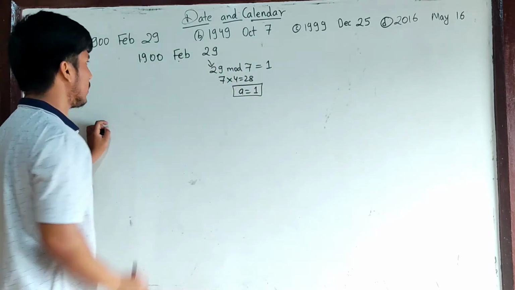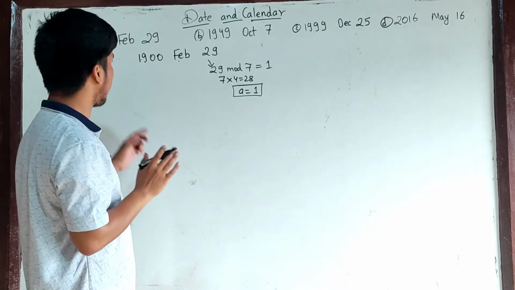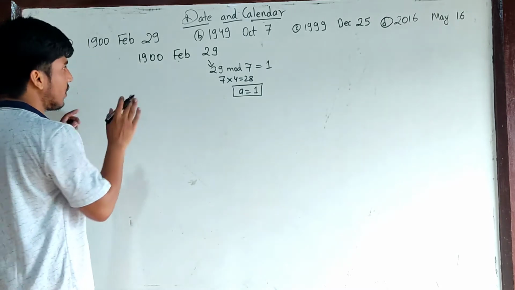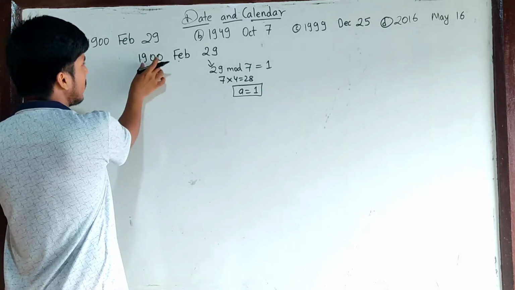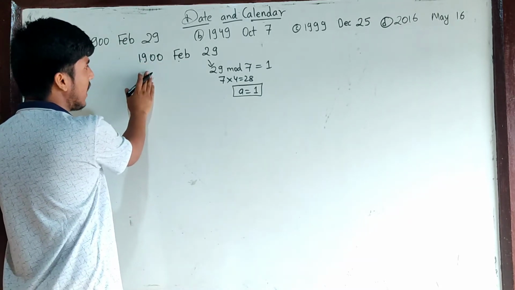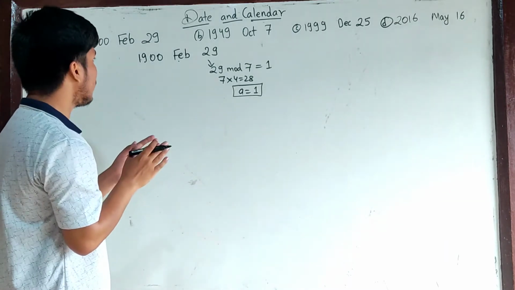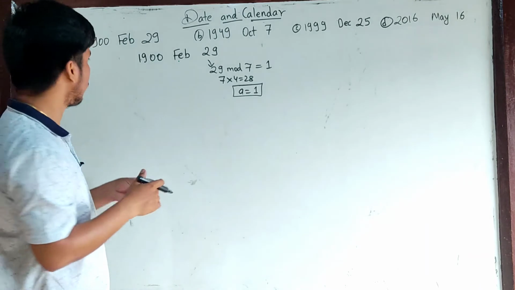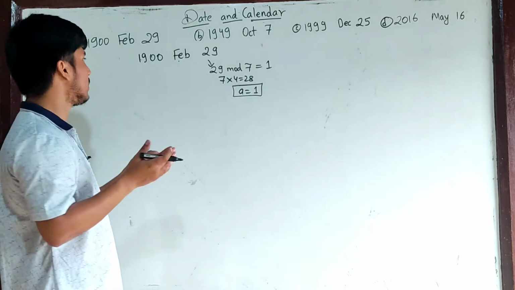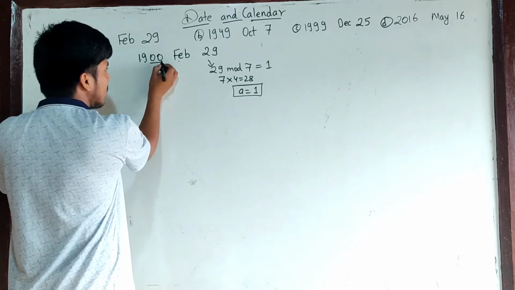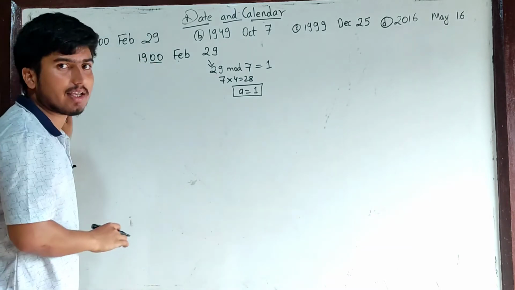Now we move into the month, and for that we need to first find out what type of year 1900 is. For finding the type of year we need to divide it by 4 and see if it's exactly divisible or not. But we know that any number can be shown to be exactly divisible by 4 or not by only dividing the last two digits by 4.